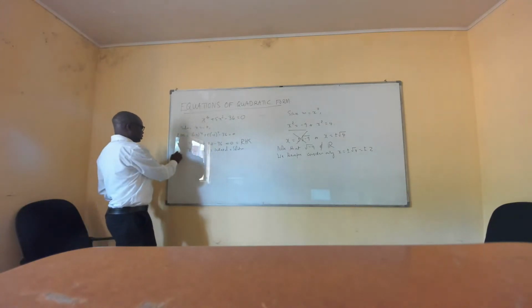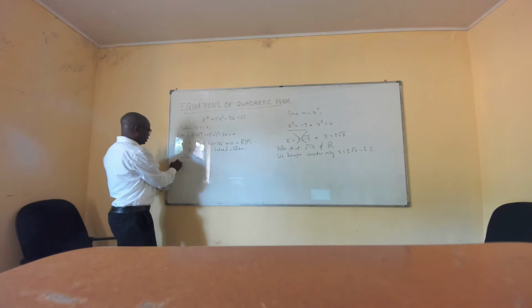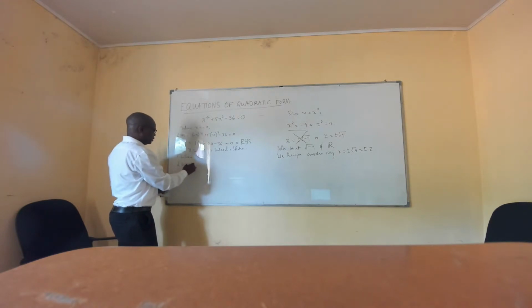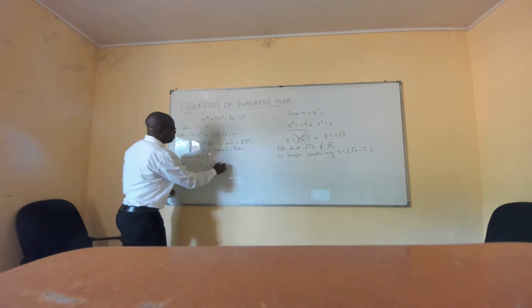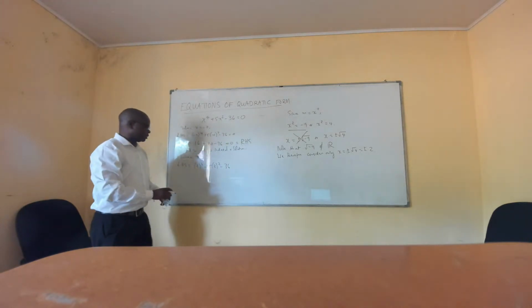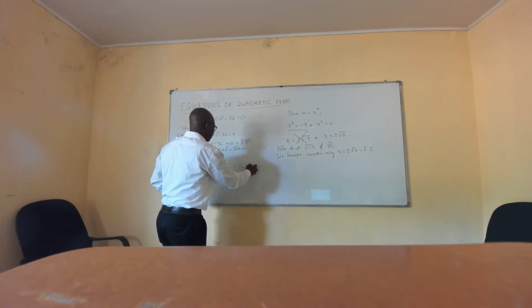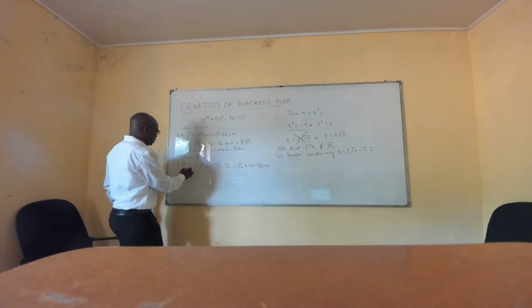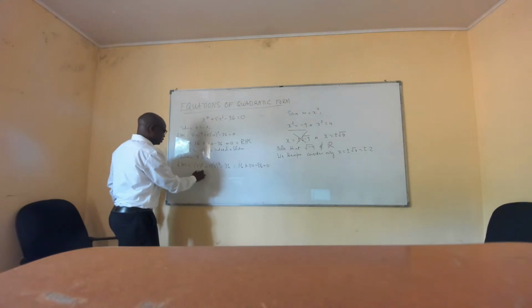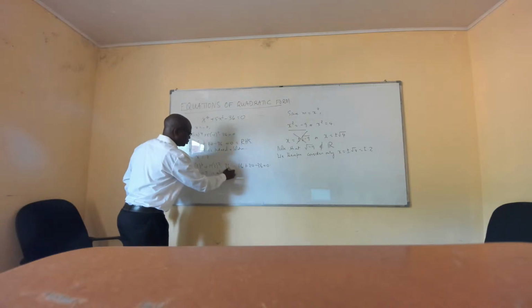So next, we check when x is 2, where the left-hand side will be 2 to the power 4 plus 5 times 2 squared minus 36. That will be 16 plus 20 minus 36, which we know is again 0. Therefore, x equal to 2 is also a solution.